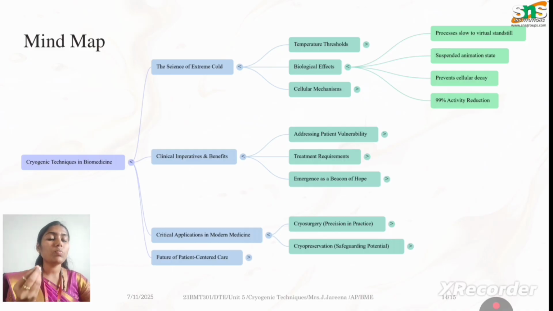Then we discussed the working principle, the science behind every cryogenic technique, the threshold and biological effects, and the cellular mechanisms happening when performing cryogenic techniques. We also discussed the clinical applications in modern medicine, cryosurgery and cryopreservation. And finally we saw the future direction of cryogenic techniques. Thank you.